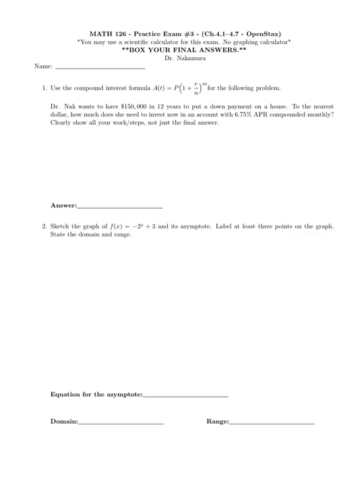stands for in the compound interest formula. So first, let's just go with A of T. That's nothing but account value. And T is time in years. And P is the starting amount.